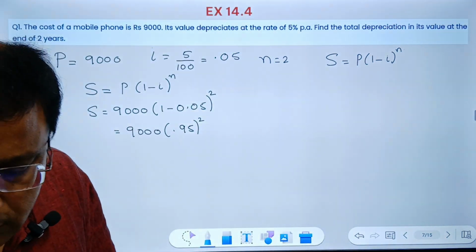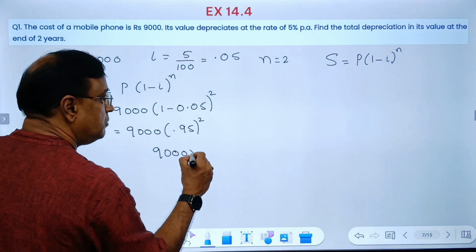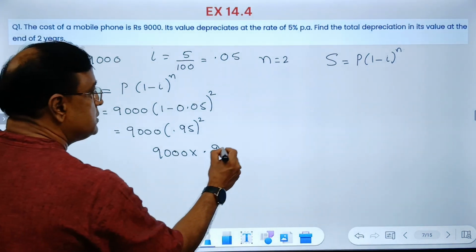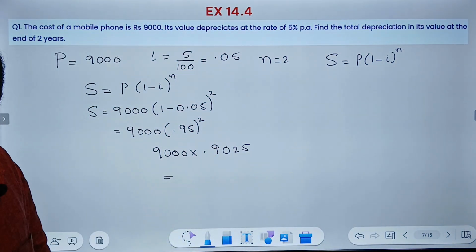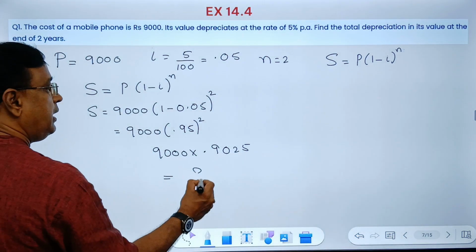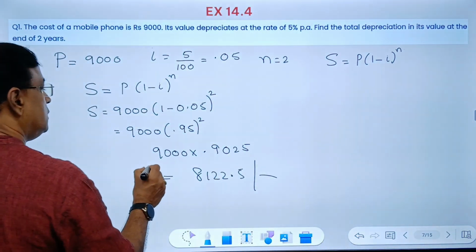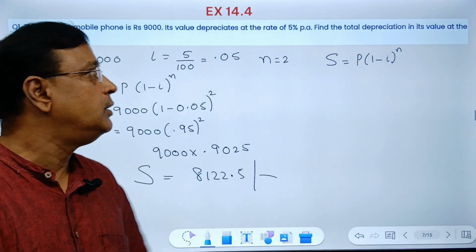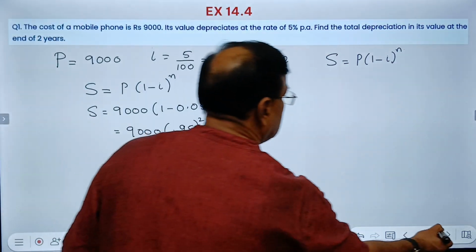So I got the value as 9,000 into 0.9025. Upon multiplying that, I don't want to waste my time here, it will be 8122.5. So this is the total depreciation. Is it clear? Now go to the next one.